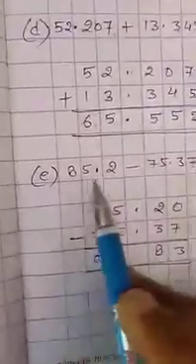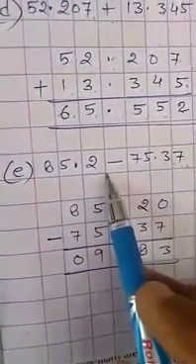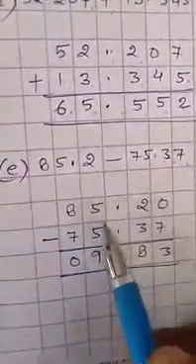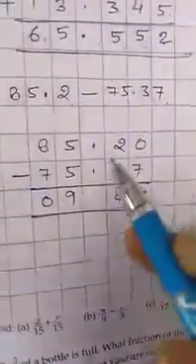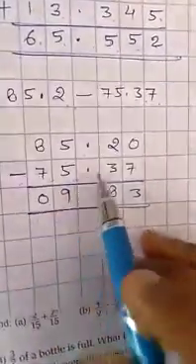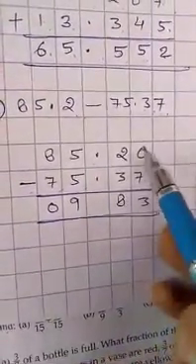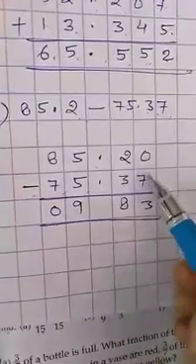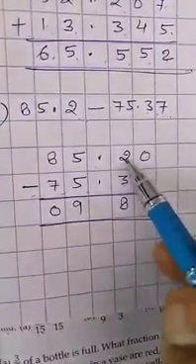Now question E: 85.2 minus 75.37. Here we will subtract 75.37 from 85.2. We will write these numbers in a vertical column. We will put a 0 here because there is no number, so it will be 0. Now we subtract. We can't subtract 7 from 0, so we borrow from 2.